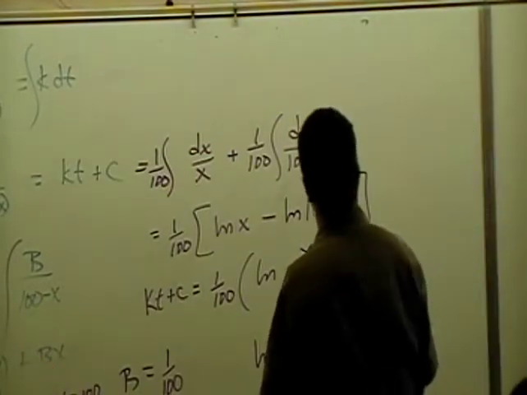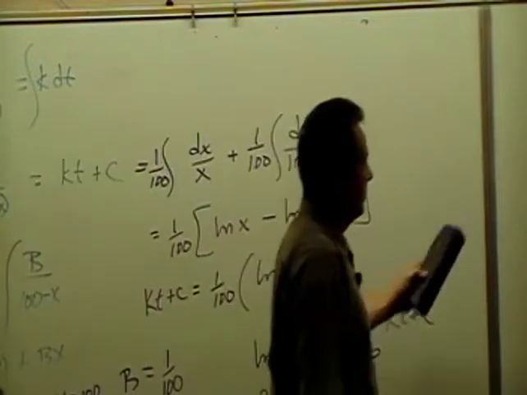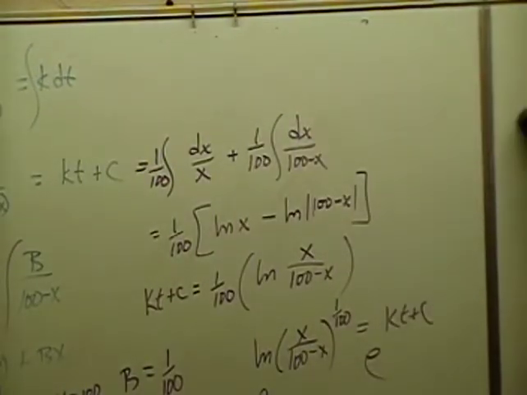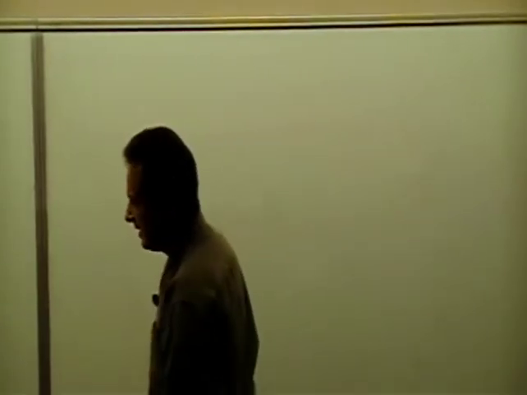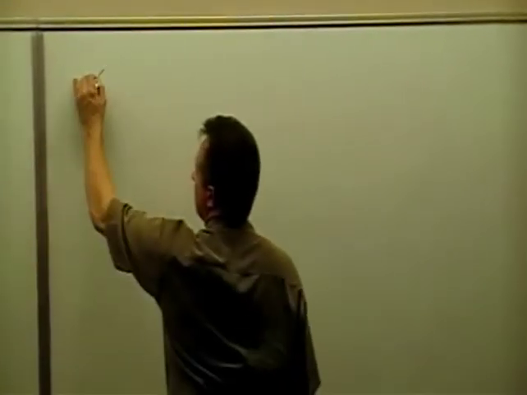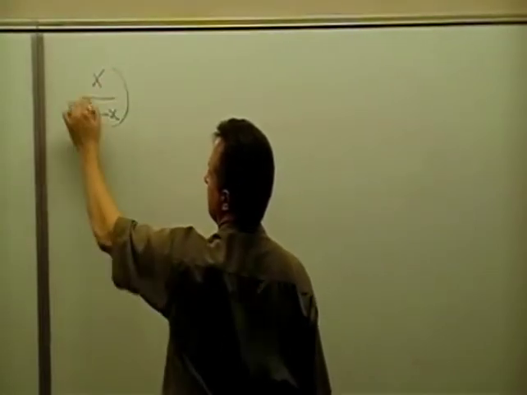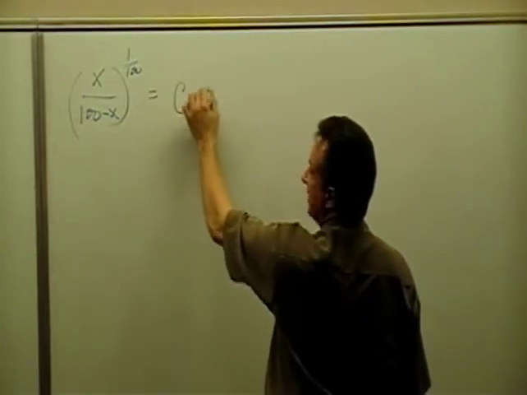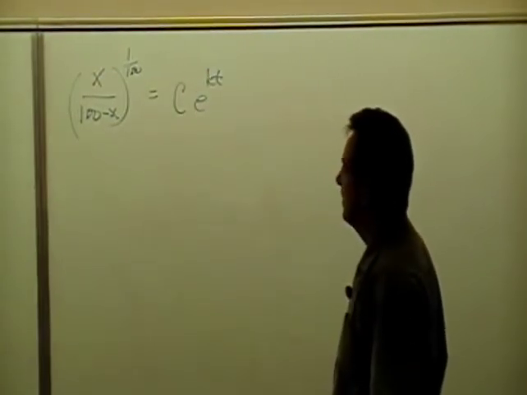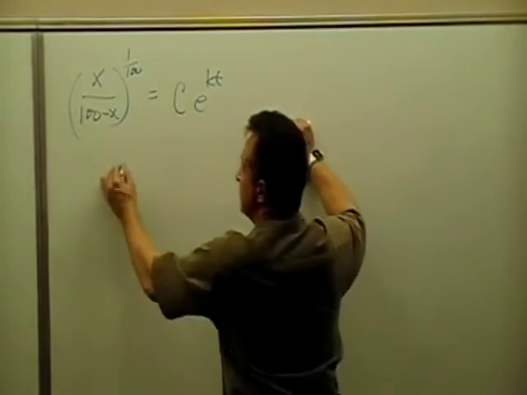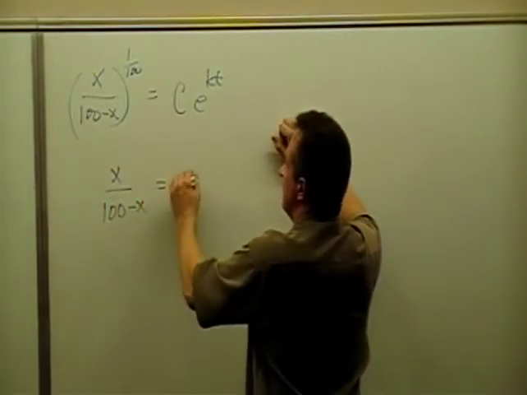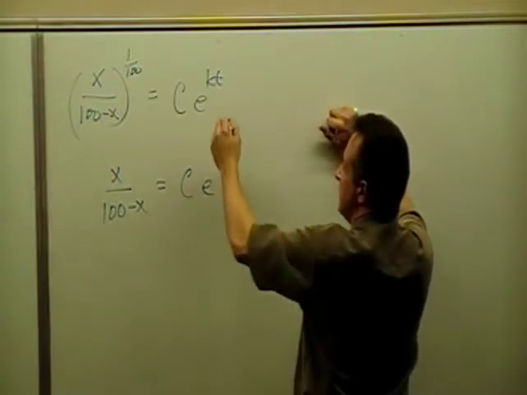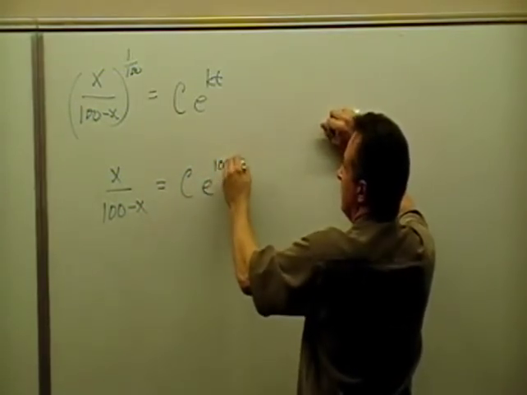And what do we get when we do that? We get just (x over (100 minus x)) to the 100th equaling C e to the kt. I can raise each to the 100 and simplify this, and write it like this if I wish: C e to the 100kt.